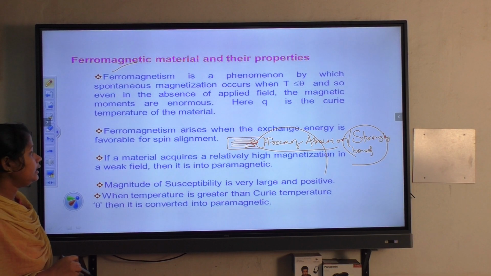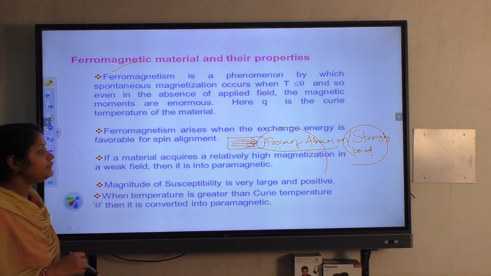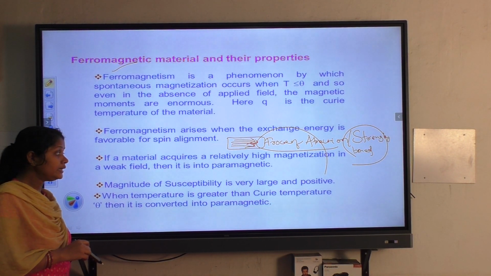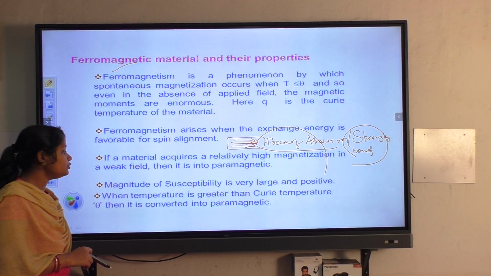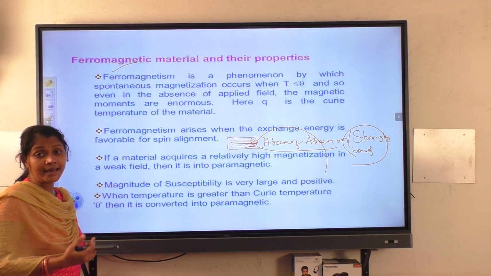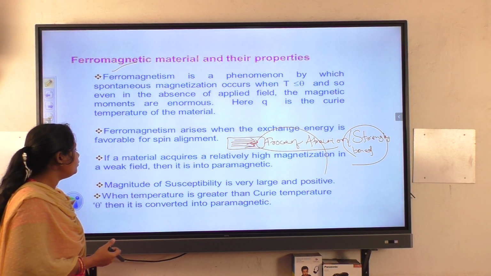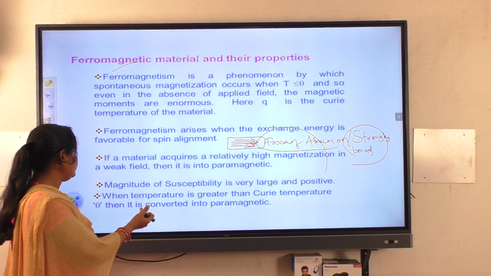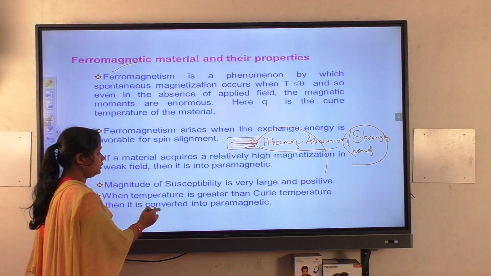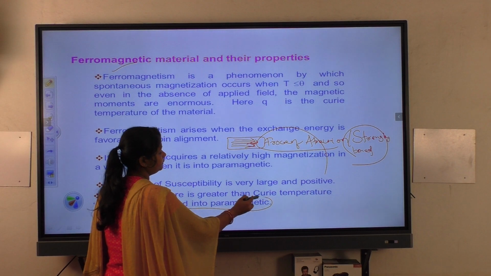If a material acquires a relatively high magnetization in a weak field, then it is not a paramagnetic material. The magnitude of susceptibility is very large and positive. When the temperature is greater than the Curie point, it is converted into a paramagnetic material.